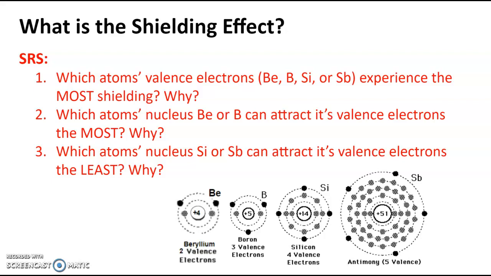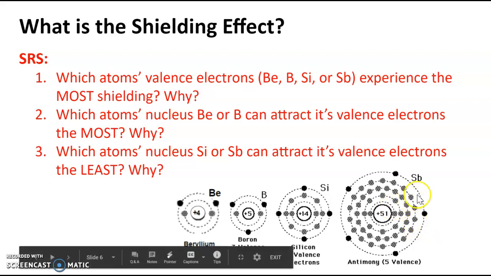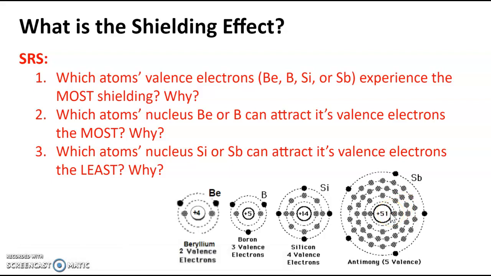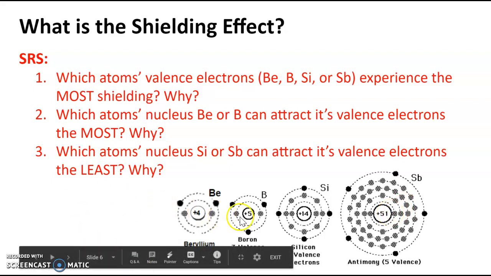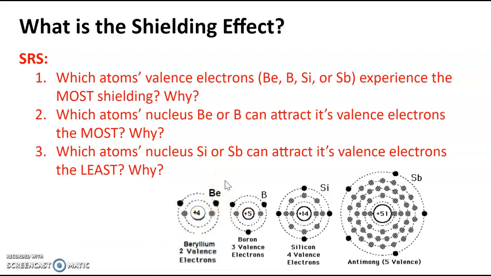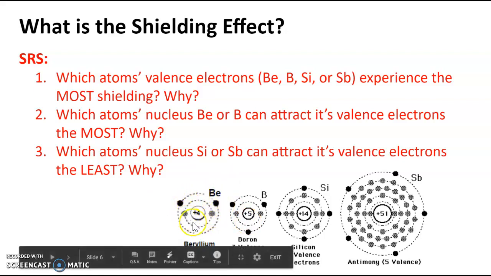So, the most shielding is experienced by antimony because it has the most layers in the way. If we're comparing beryllium and boron for number 2, which one can attract its valence electrons the most? Well, they have the same number of rings in the way. They both only have one ring in the way.